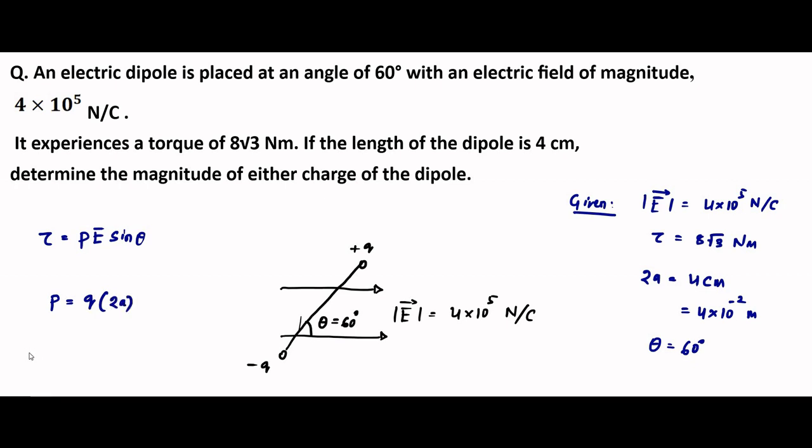So that implies tau is equal to 2AQ E sine theta.